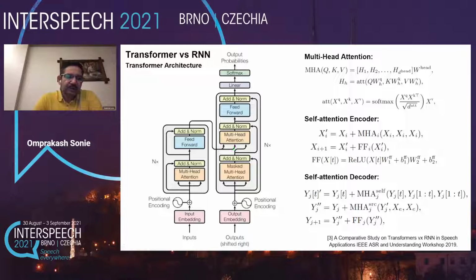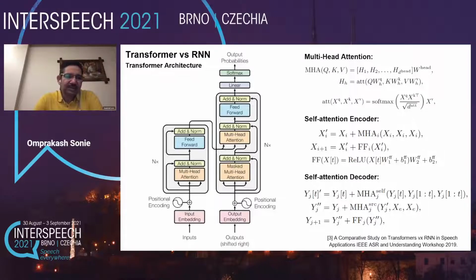And in the case of the decoder, you have the output which is fed to the masked multi-head attention. The reason here is that we don't want to know about the outputs from the future time steps of the audio signal.